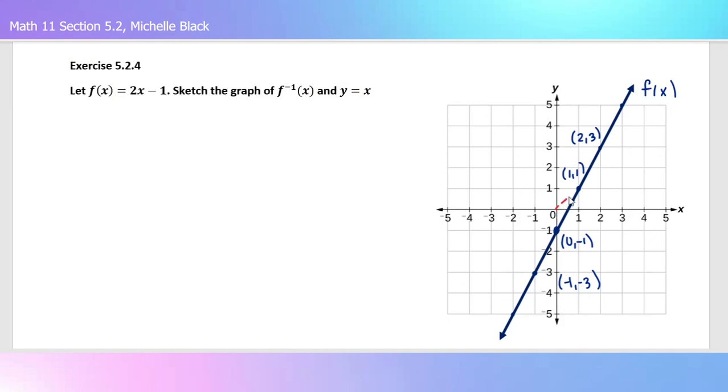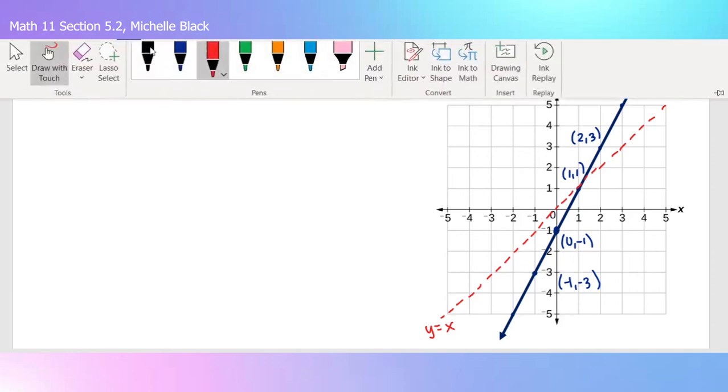So that's just the line going through the origin with slope 1. So this is y equals x. And honestly, we don't even need to do the work of switching x and y to find the inverse. We can just graph it by switching x and y's in our coordinates.